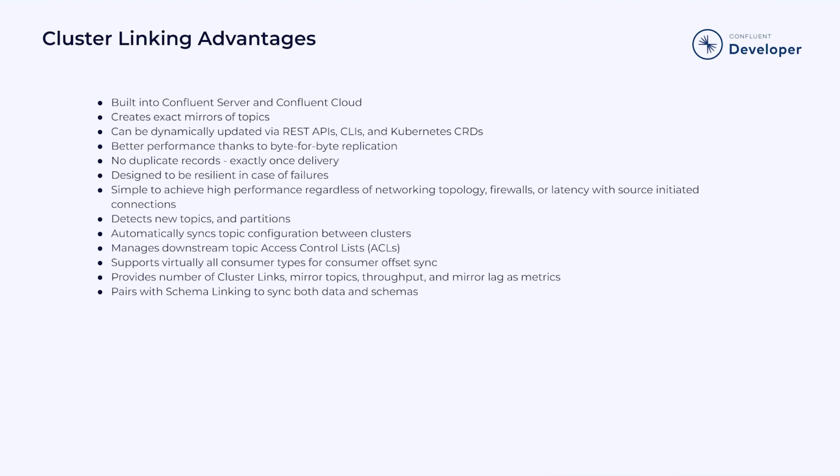From a monitoring perspective, cluster linking provides the number of cluster links, mirror topics throughput, and mirror lag as metrics. Last but not least, cluster linking also pairs well with schema linking, keeping all of your data and schemas in sync across clusters.